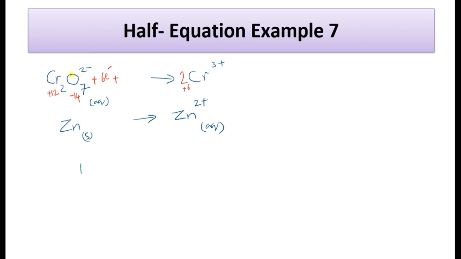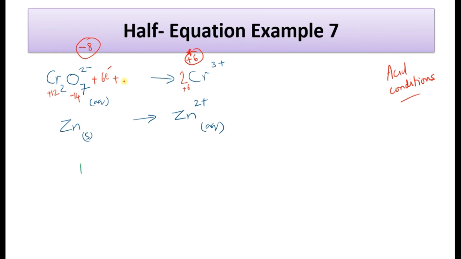This ion here has a 2 minus charge plus this, so overall I have a minus 8 on the left, and on the right hand side I have plus 6, 2 times plus 3. So minus 8 to plus 6. This allows me to decide how many H plus ions I have to add to the left. As I said, this is acid conditions. If I don't mention it, you might assume that it's acid conditions.